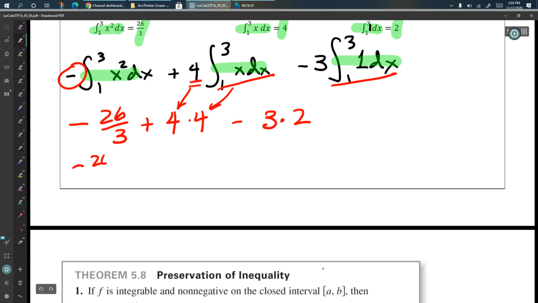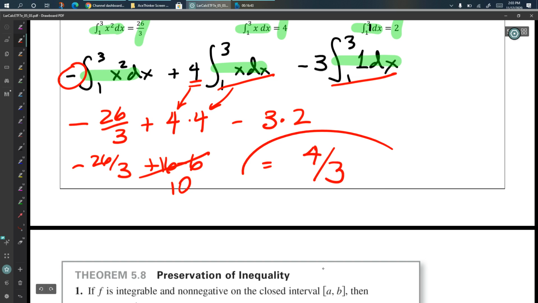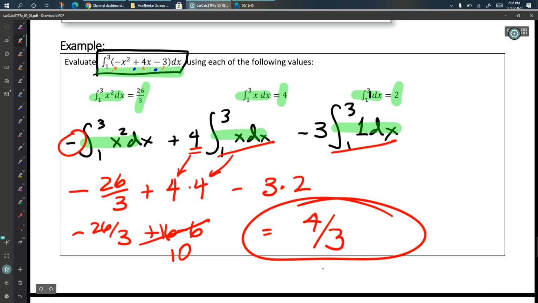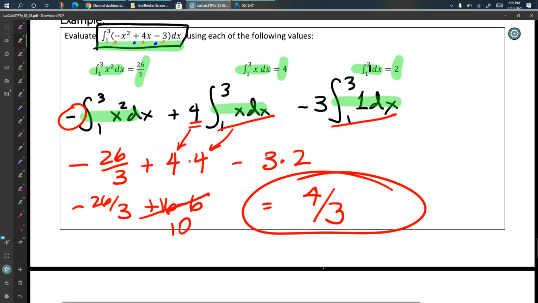I've got negative 26/3 plus 16 minus 6, that's 10, so 4/3 when it's all said and done. So the value of the definite integral from 1 to 3 of the integrand negative x squared plus 4x minus 3 dx is 4/3.